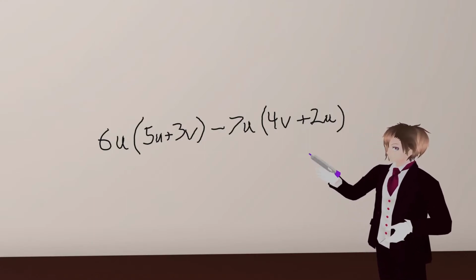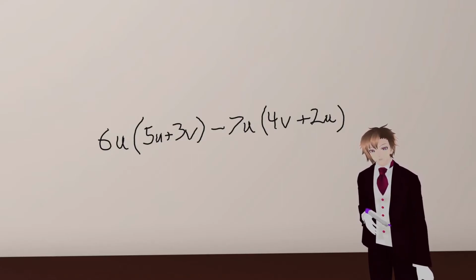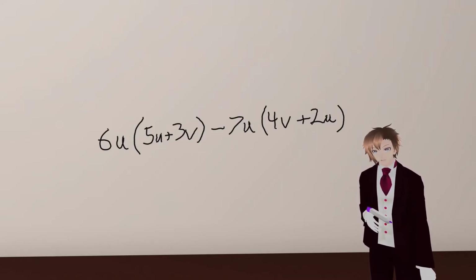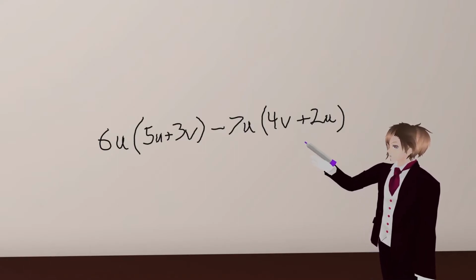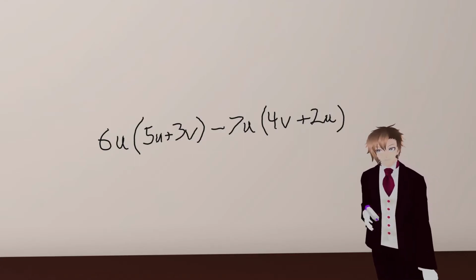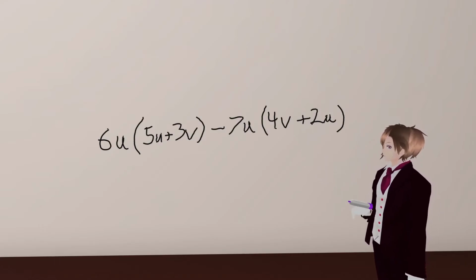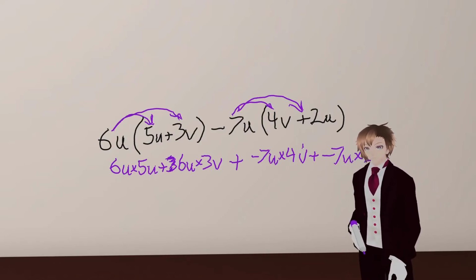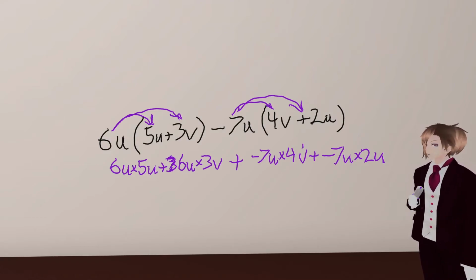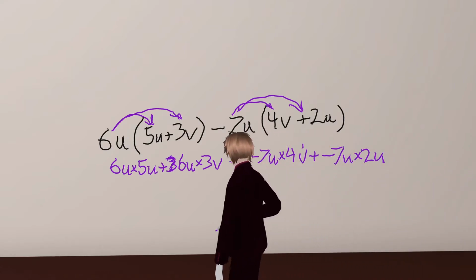So we're going to multiply 6u by 5u and 6u by 3v. And then we have something else, which we are then going to multiply negative 7u by 4v and negative 7u by 2u. This is those 2 brackets expanded. Let's simplify this really long expression and we'll see what we get.